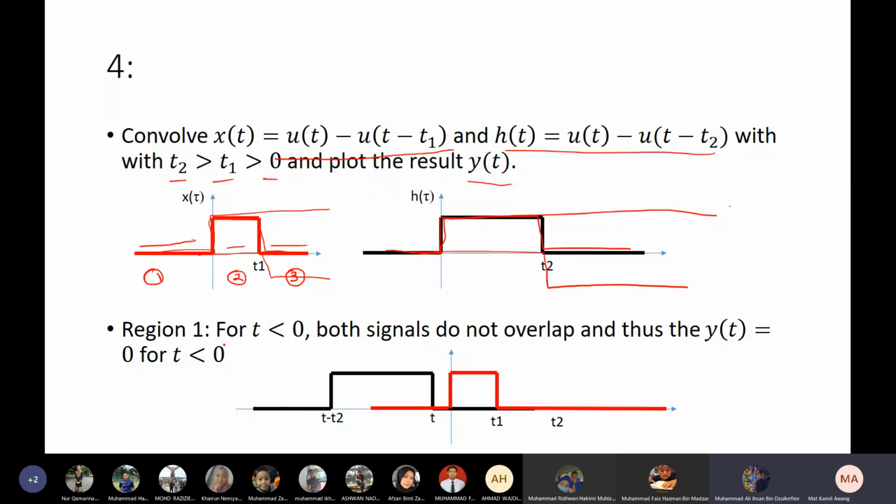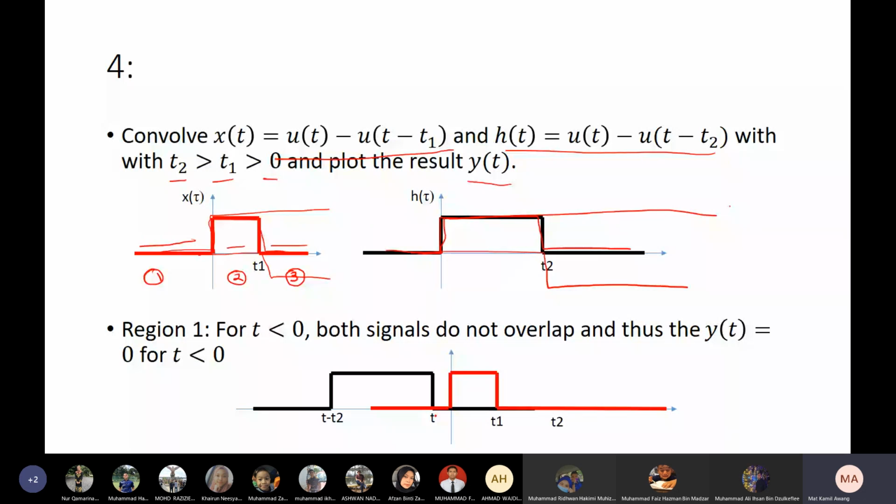For region number 1, which is t less than 0, both signals do not overlap. When there is no overlapping, therefore y of t is equal to 0. So for this condition at region 1, you have x of t and you have a moving window of h of t.